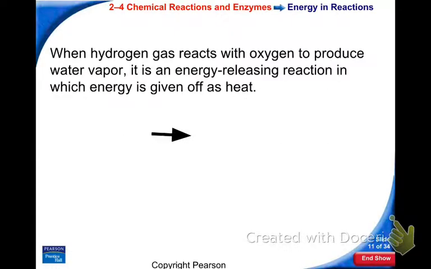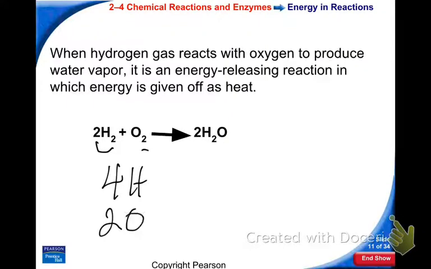And so here we have hydrogen gas reacting with oxygen to produce water. And this is an energy-releasing reaction where hydrogen gas combines with oxygen to form two water molecules. And again, remembering that we're going to count our atoms. 2 times 2, we've got 4 hydrogens on this side and 2 oxygens on this side.